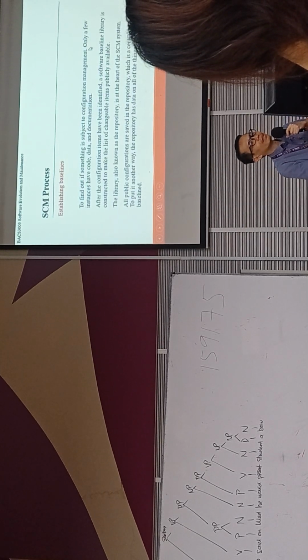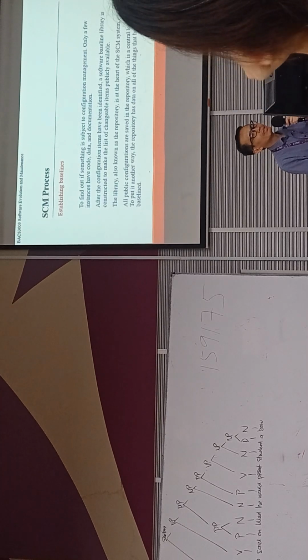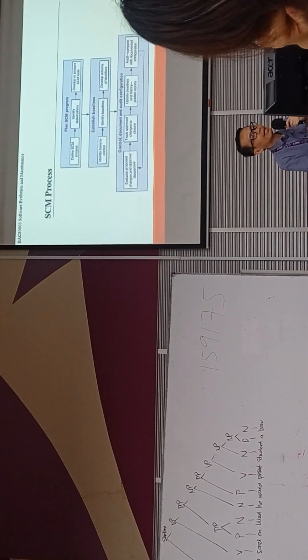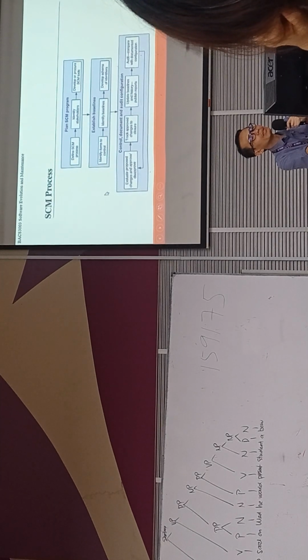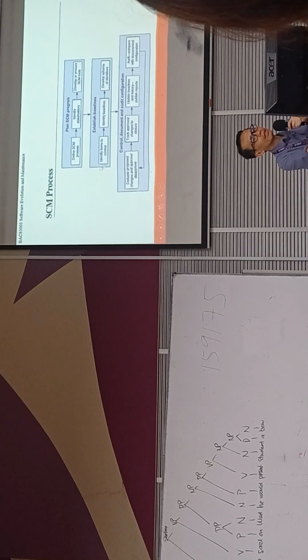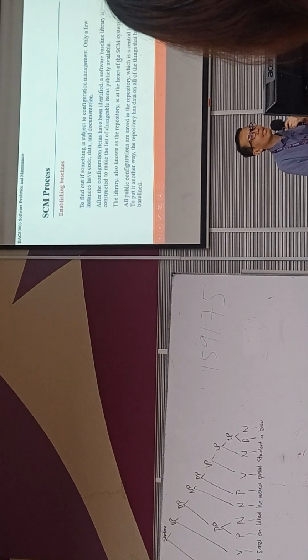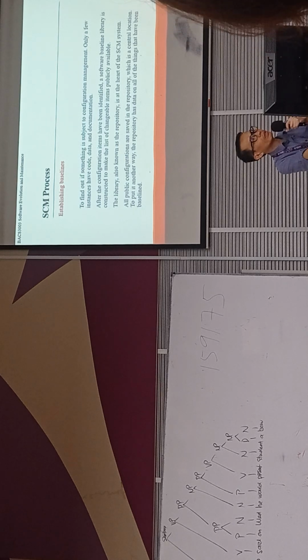Again, I want to speak about establishing a baseline. This is where I start, here. Establish baseline: to find out if something is subject to configuration management, identify the item.